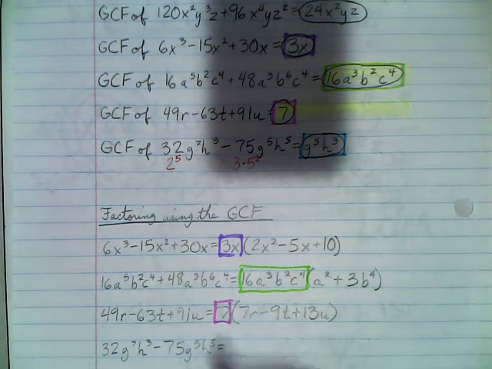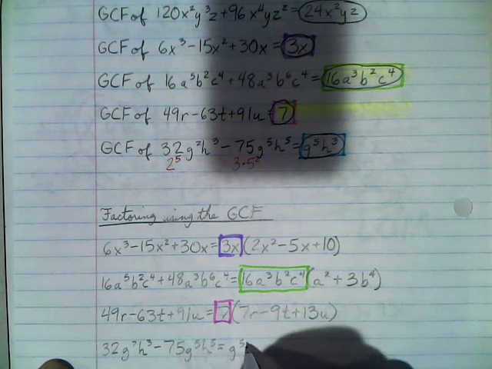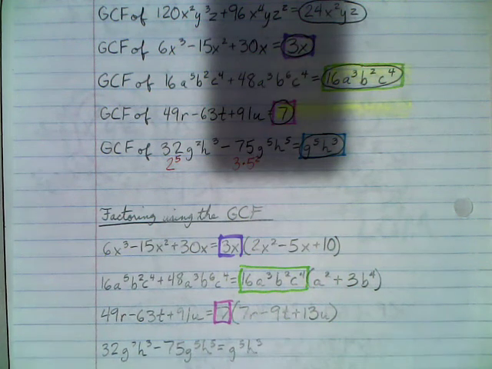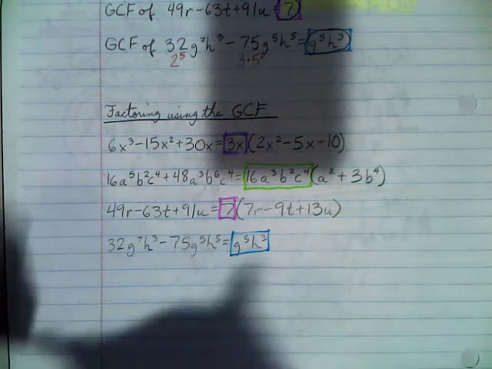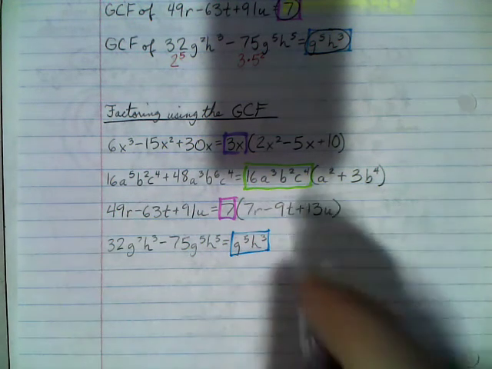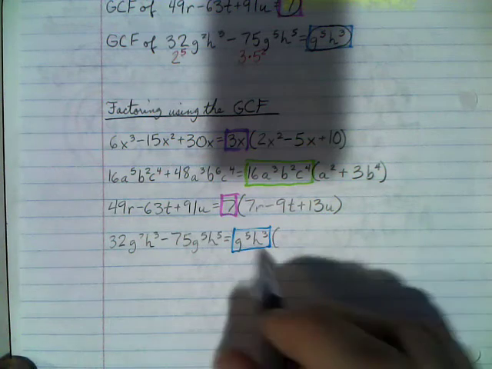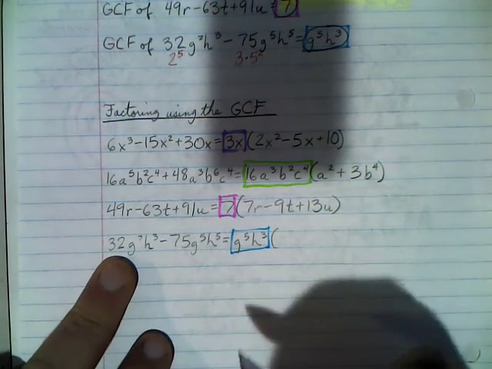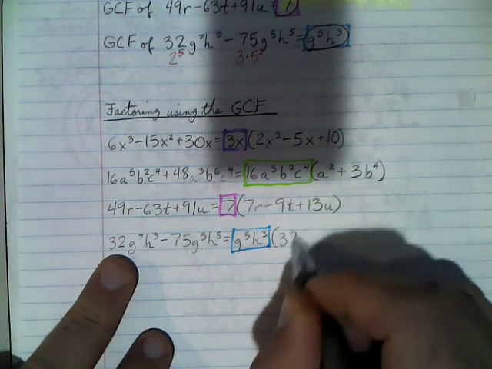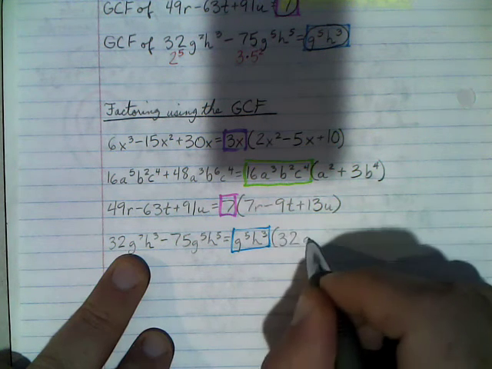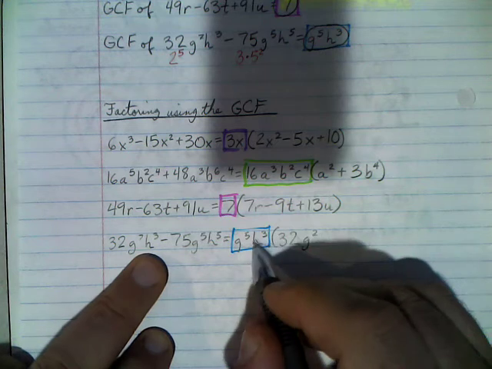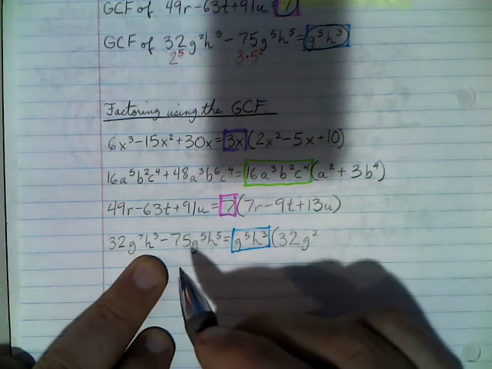We know that the GCF is g to the 5th power h to the 3rd power, times the quantity. Well, no numbers are being pulled out, so that was a 32, it's still a 32. However, I'm pulling out 5 g's, so only a g squared will be left. And then h cubed, well, the h cubed is going to be gone.